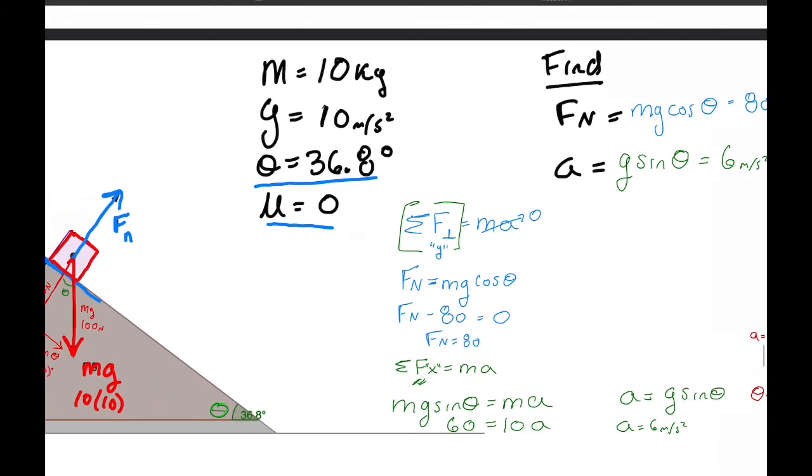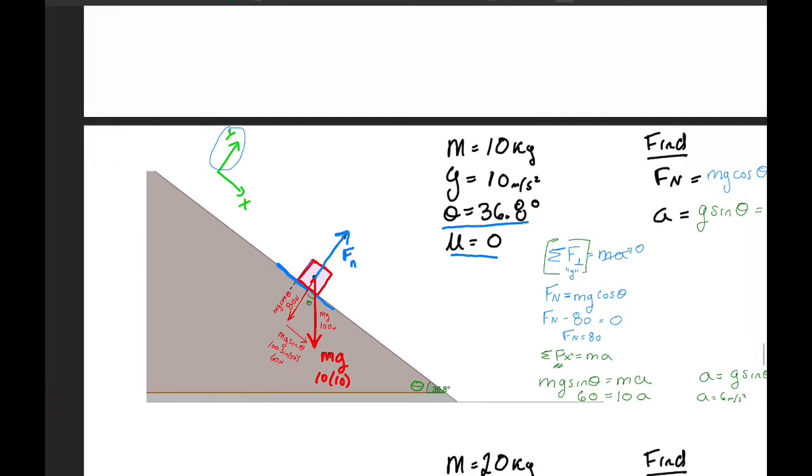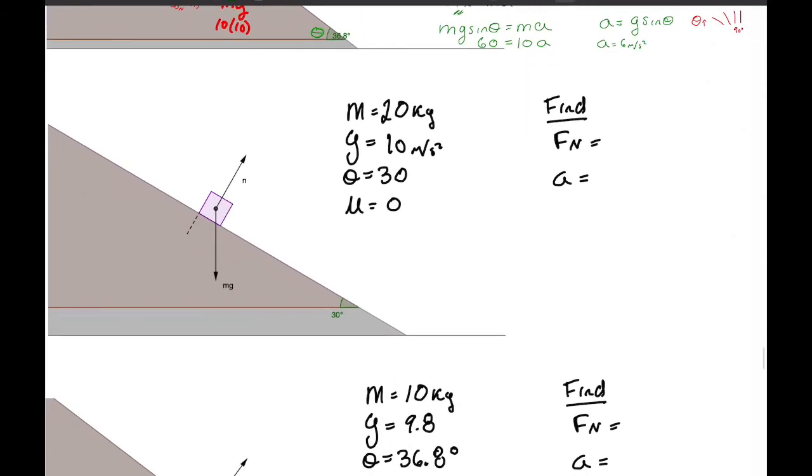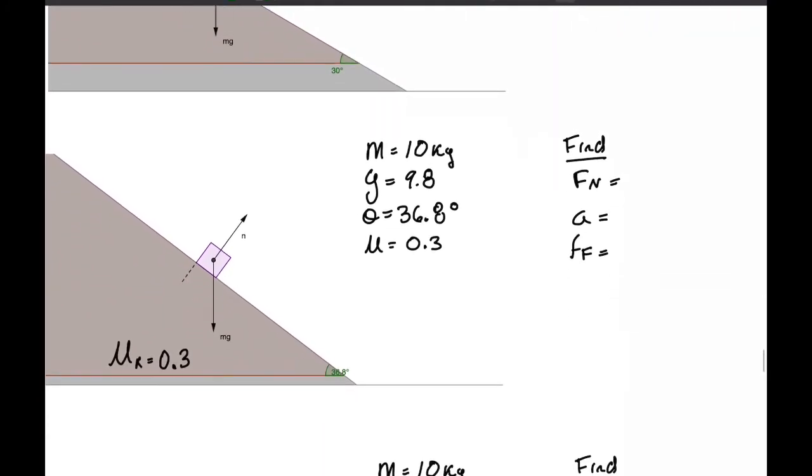On our diagram, that information came from right here, setting this part equal to ma. You would try the next problem right below it. Then continue on, look at a friction problem, and I'll solve this one in the video.